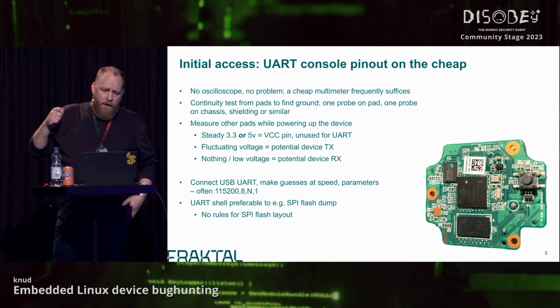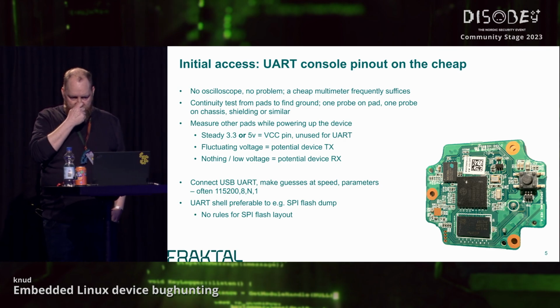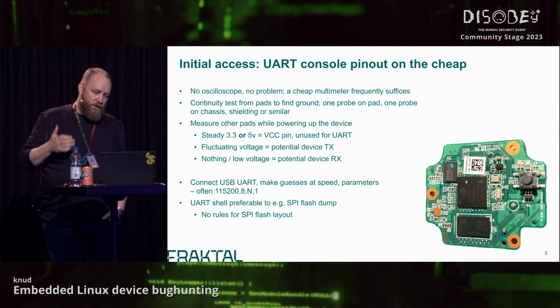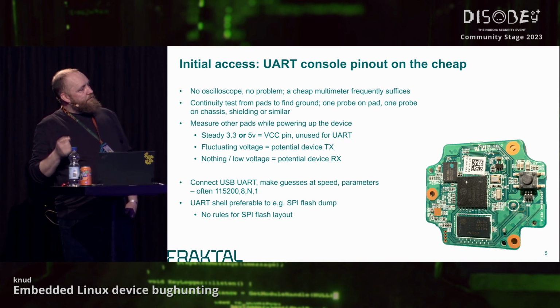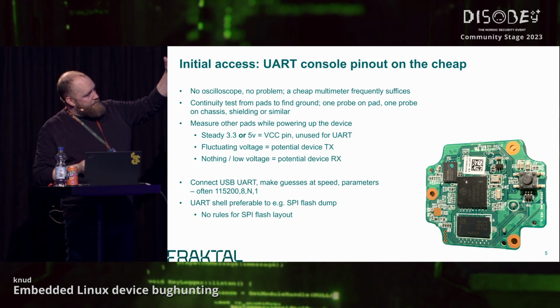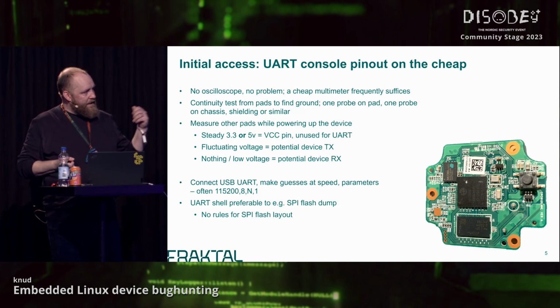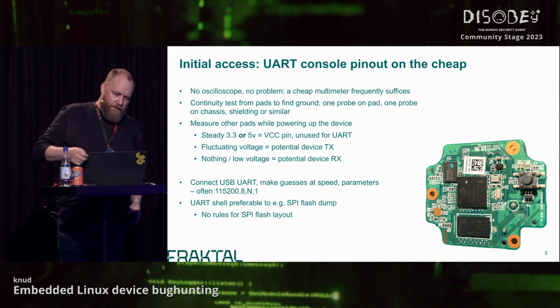So when you want to start looking at it, you need some sort of access to look on the thing. And I really like it if the device has a UART console, because they're very easy to identify. In this case, you can see in the bottom left corner of the PCB, there are 4 pads that probably are a UART.